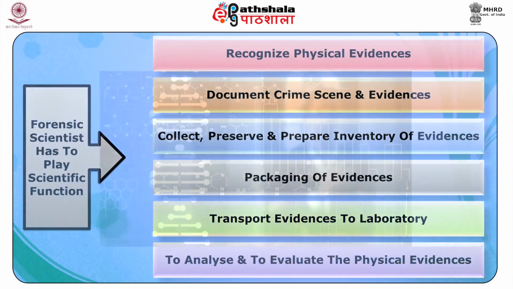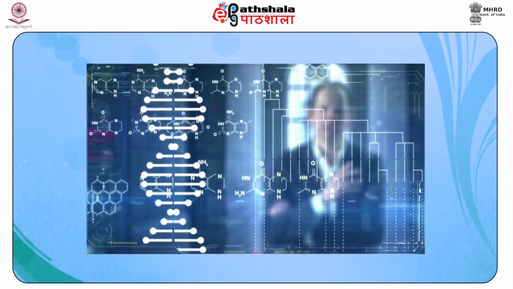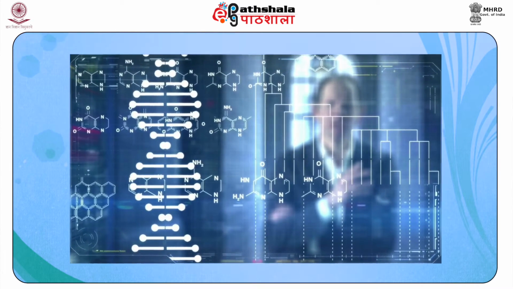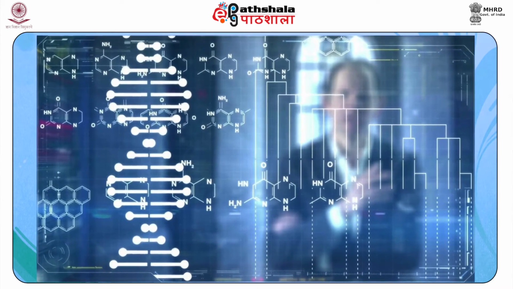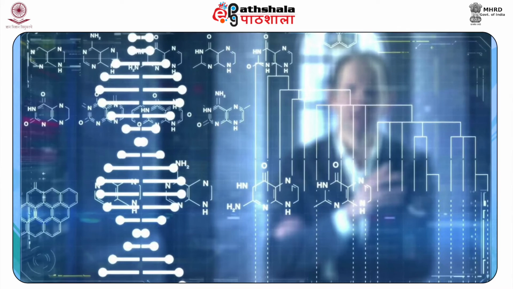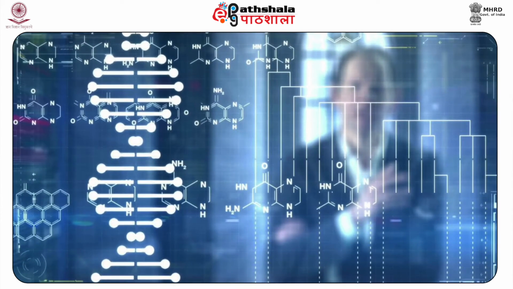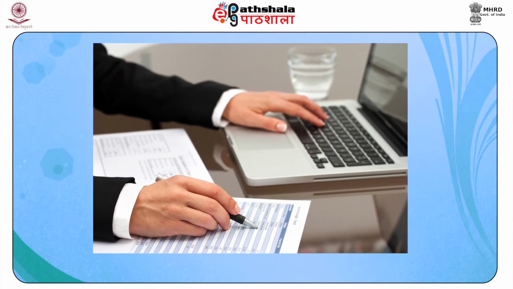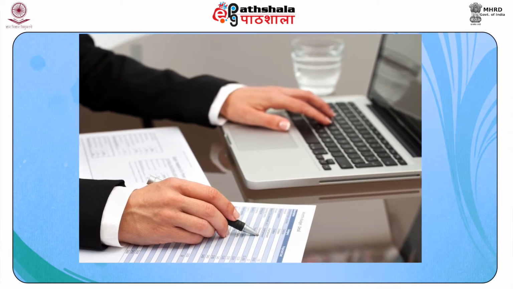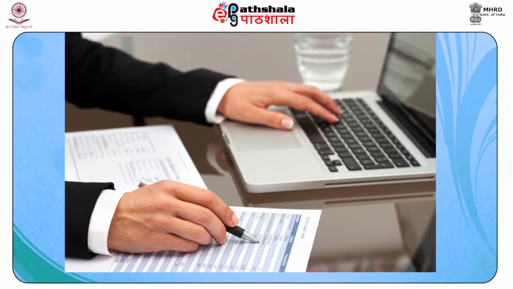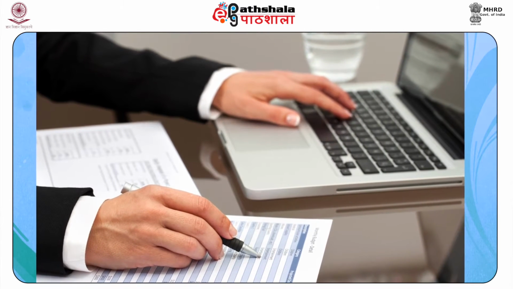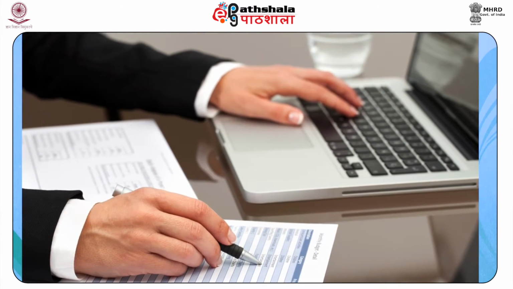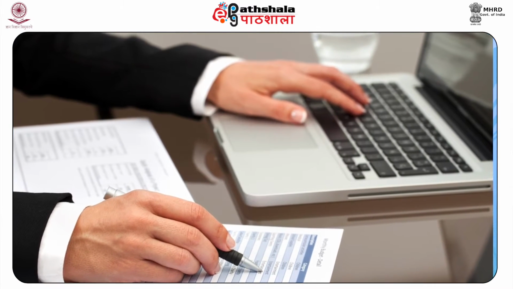Next is forensic. The forensic scientist has to perform forensic functions, that is, to interpret the results of scientific investigation, to form an expert opinion, and to communicate that opinion in layman's terms, that is, the simplest possible language without using many technical terms, both in the form of a written statement and oral presentation to the court of law.